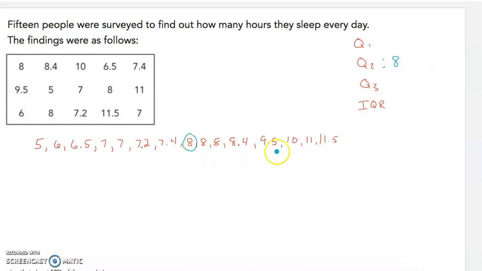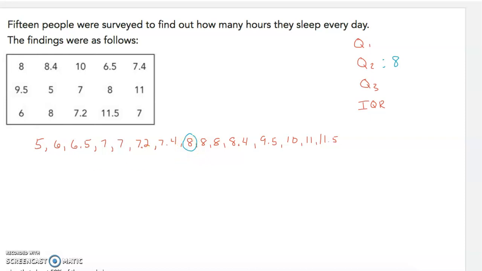Again, since there's 15 numbers, I take one away to make it even. That's 14. I cut that in half at 7. So I just count up 7 and then add back that one that I took away, and that gives us the median. So Q2 is 8.